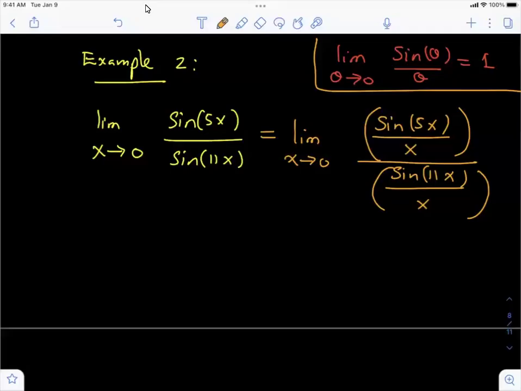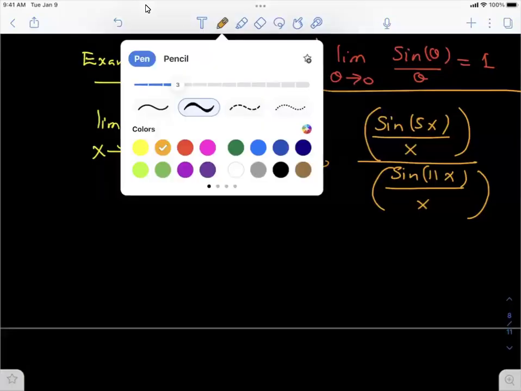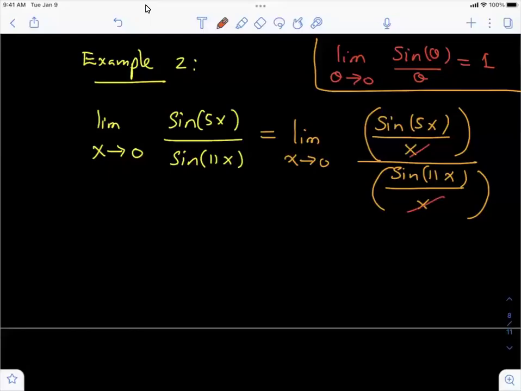When I do it, I can introduce this term. At the same time, it's not going to change the function, because I could do this, right? I can just cancel this. Flip and multiply the denominator, flip and multiply, and then x will get cancelled with x. So it's not going to change anything.